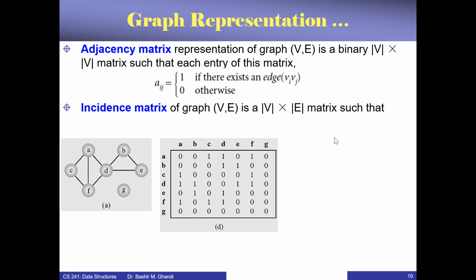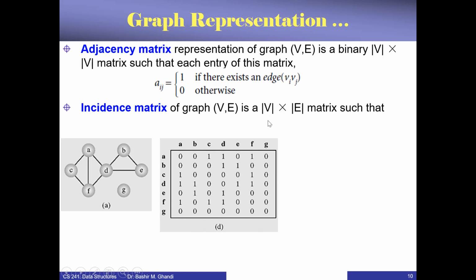Okay, another way is called incidence matrix. So rather than adjacency matrix, we look at the incident edges. Okay, so here it's not going to be of size V squared, where V is the number of vertices.